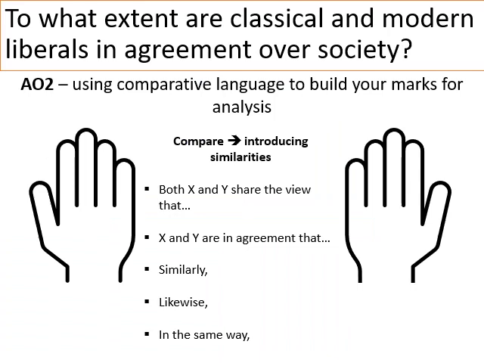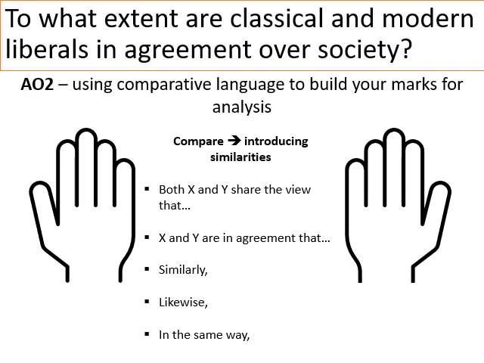Now, when you're writing your answer, you need to think about AO1, AO2, AO3. AO1 is what I've just been talking about. It's the content. AO2 is thinking about comparative language to build up those analysis marks. So this is where we're talking about comparing and contrasting.